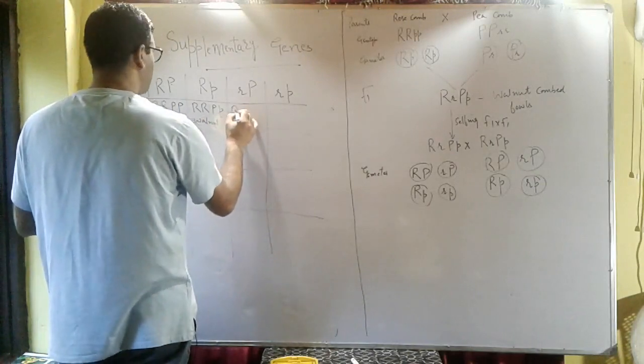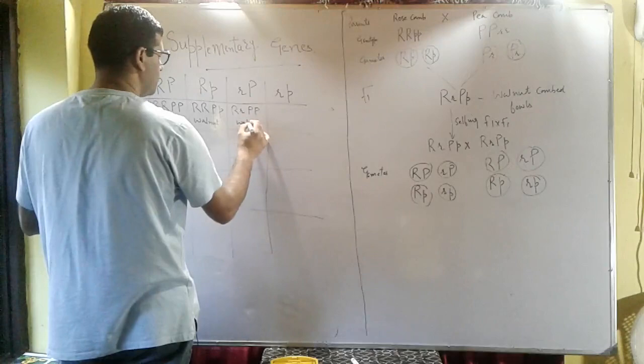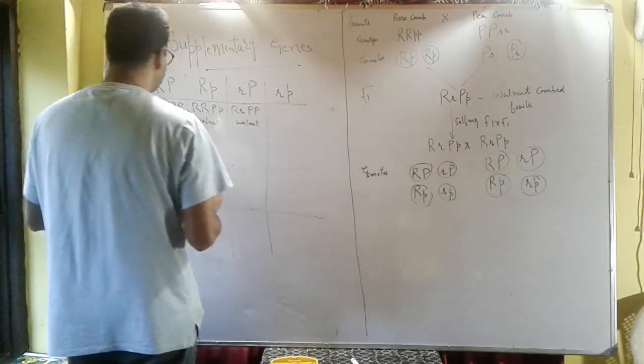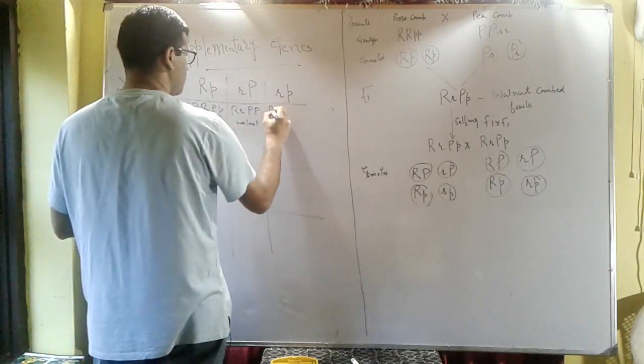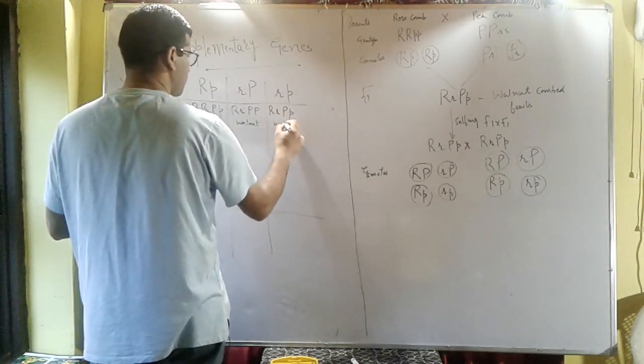Then we have capital R, small r, capital P, capital P. This is also walnut. Then we have capital R, small r, capital P, small p, walnut.